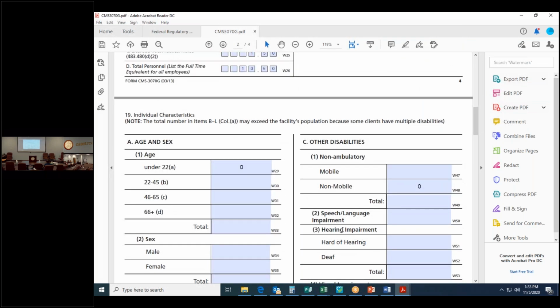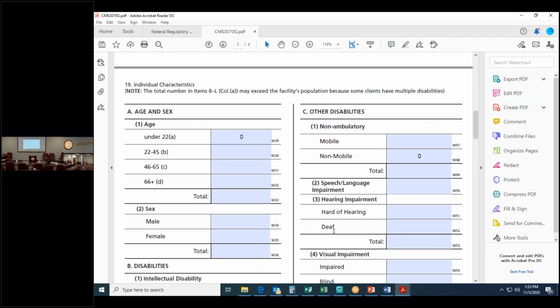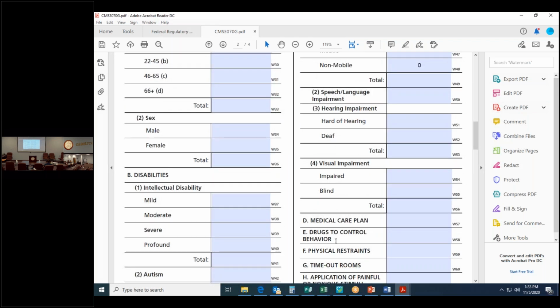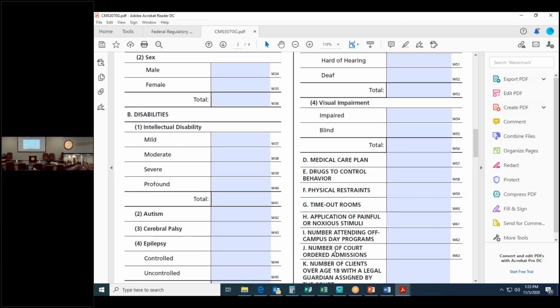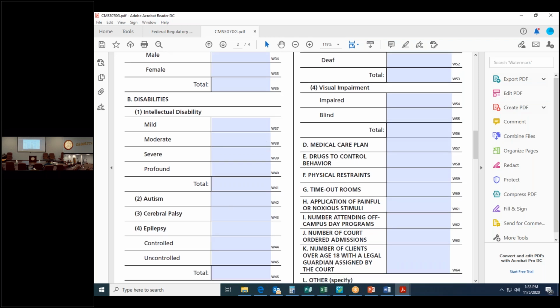And then on the back, they want to know the age and sex of your residents, what type of disabilities they have, if they have autism, cerebral palsy, epilepsy, and then over here, you've kind of got if they have a medical care plan, how many are on drugs to control behavior. We no longer use physical restraints or timeout rooms.